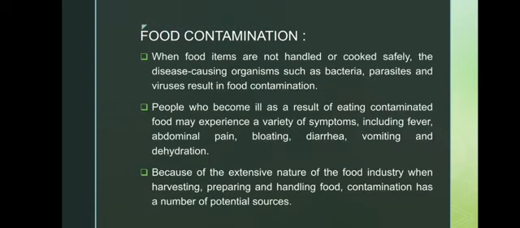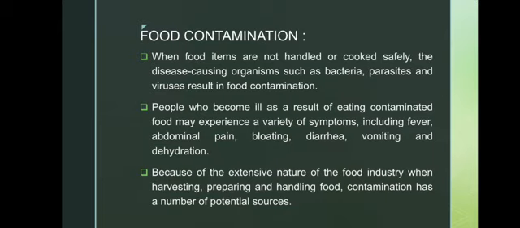When a person eats contaminated food, they have certain symptoms like diarrhea, fever, abdominal pain, bloating, vomiting, and dehydration. So we get to know that they have consumed contaminated food.